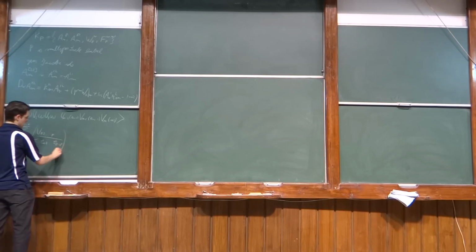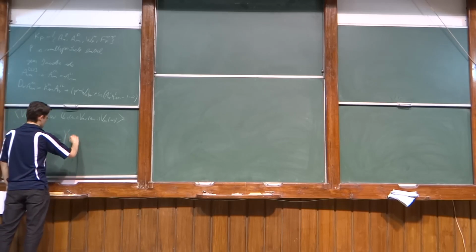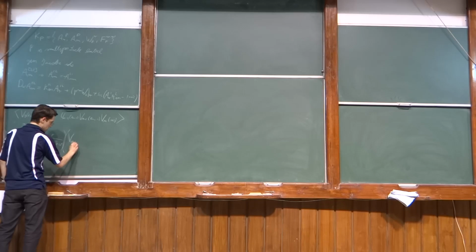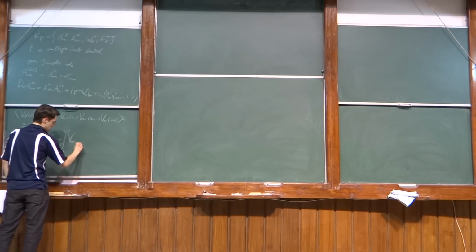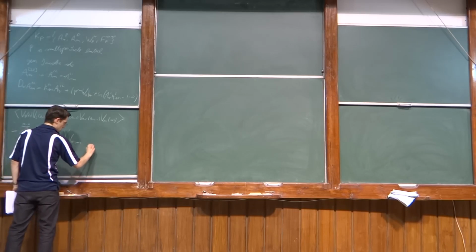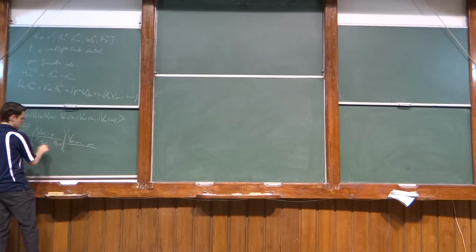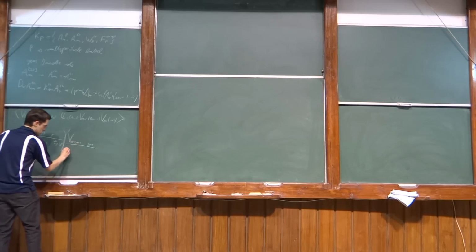So I have this, and then the other factor is n minus 1, n minus 2, up to p plus 1. And then the same structure here, but now with these labels.